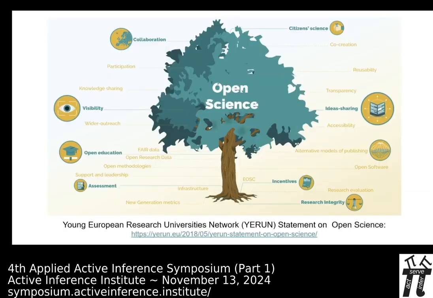A lot of organizations have proposed different roadmaps or statements on open science and what that involves. Not every organization's view of this is going to be the same. But I'm using the Young European Research Universities Network statement on open science at the link below.